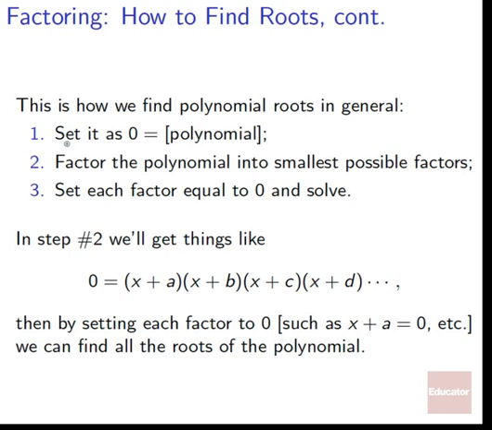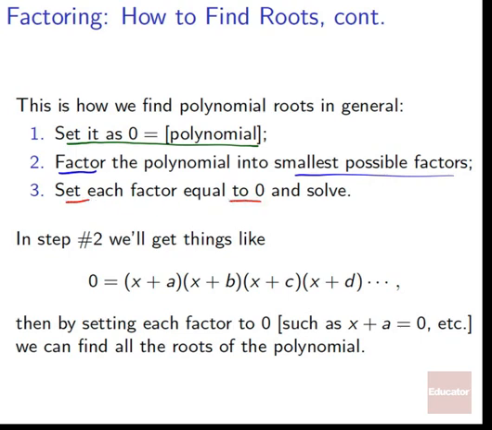First thing we do is we set the whole thing as 0 equals polynomial. We have to have some polynomial, and then it's 0 equals that polynomial. The next thing we do is we factor it into the smallest possible factors. We break it down into multiplicative factors, and then finally, we set each factor equal to 0, and we solve for each of them.